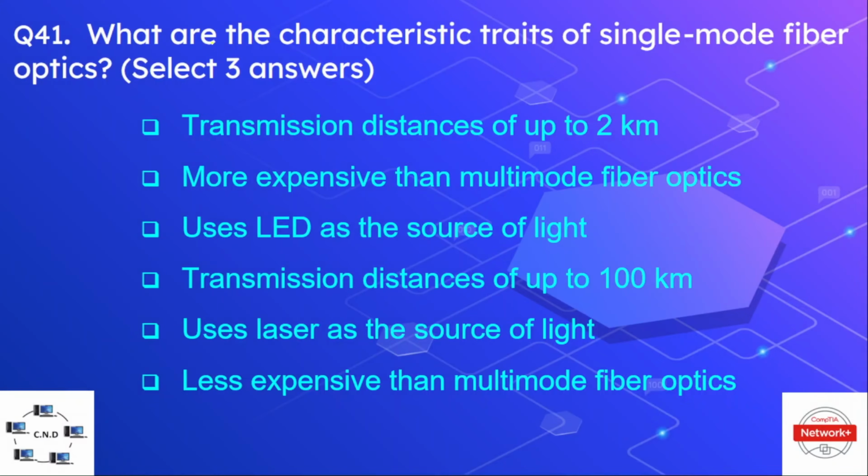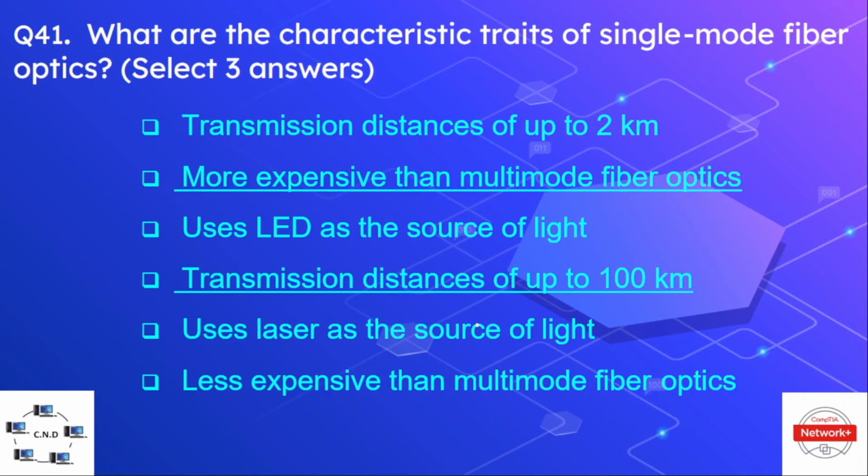That is question number 41. What are the characteristic traits of a single mode fiber optics? And we have to select 3 correct answers. And the correct answers are that single mode fiber is more expensive than multi-mode fiber, and that its transmission distance is up to 100 kilometers, and that it uses, what as a source of light, LED or laser?